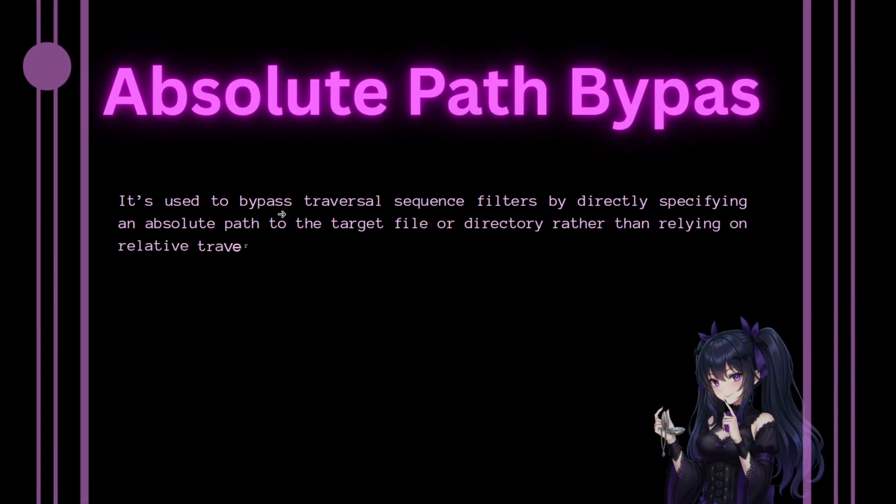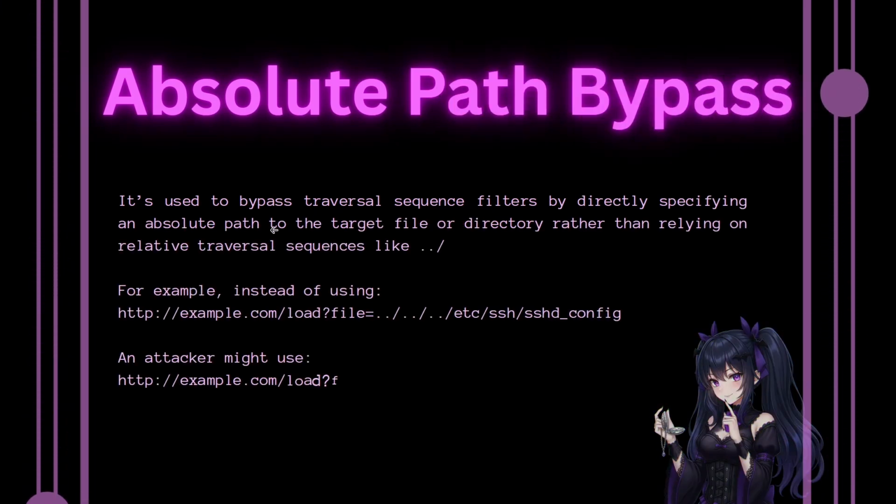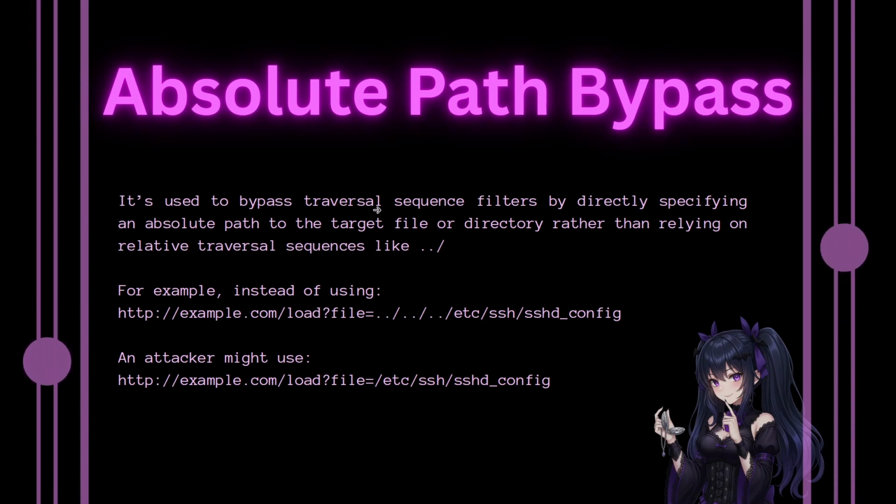Let's understand what that means. An absolute path is used to bypass the traversal sequences we saw in the previous example. It bypasses traversal sequence filters by directly specifying an absolute path to the target file or directory rather than relying on relative traversal sequences like dot dot forward slash.